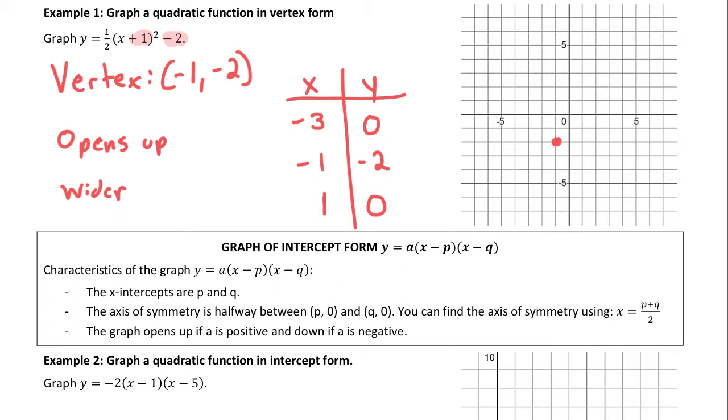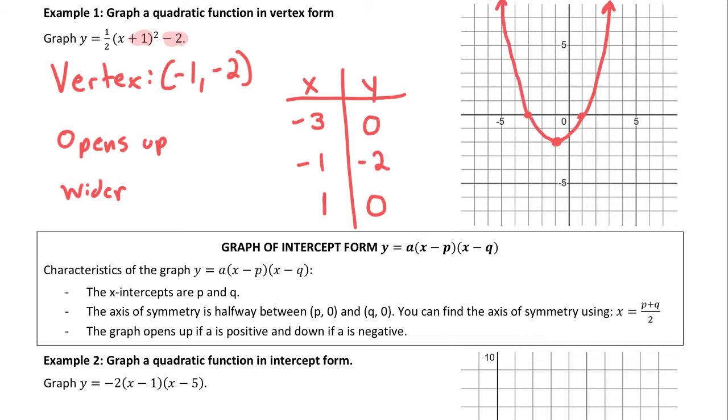Now, we're going to go more in depth about solving for zeros later on in this unit, but right now, it's more about us picking. You could have picked negative 2 and 0. You could pick whatever you want, but you're picking x values centered around that vertex, substituting them in, and getting out values. So that means I got negative 3, 0, and 1, 0. We know that this opens up. We know that it's a little bit wider than our parent function.